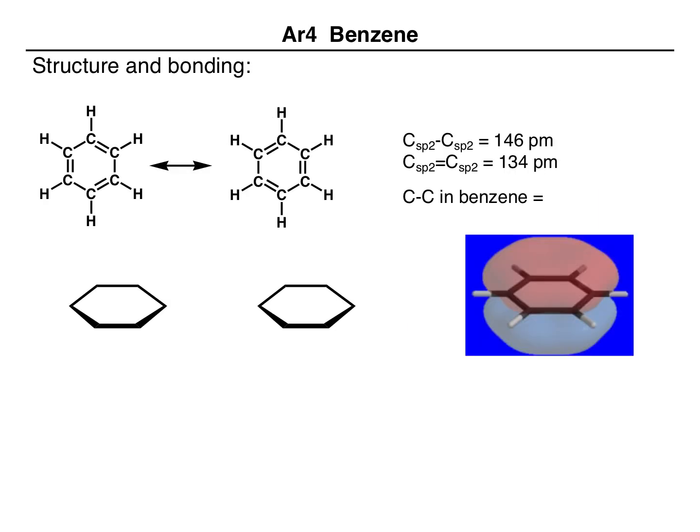Let's focus on the structure and bonding in benzene. So we can draw the Kekule structures to look like this, but keep in mind all of these carbons are sp2 hybridized. Now looking at other types of compounds, if you have a single bond between 2 sp2 hybridized carbons, that has a bond length of 146 picometers.